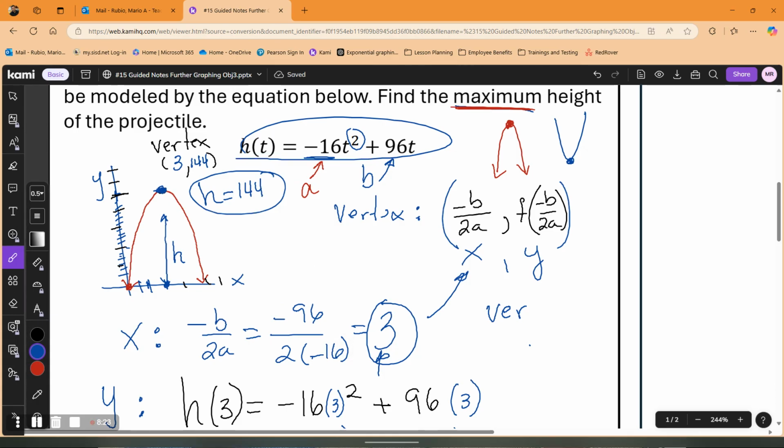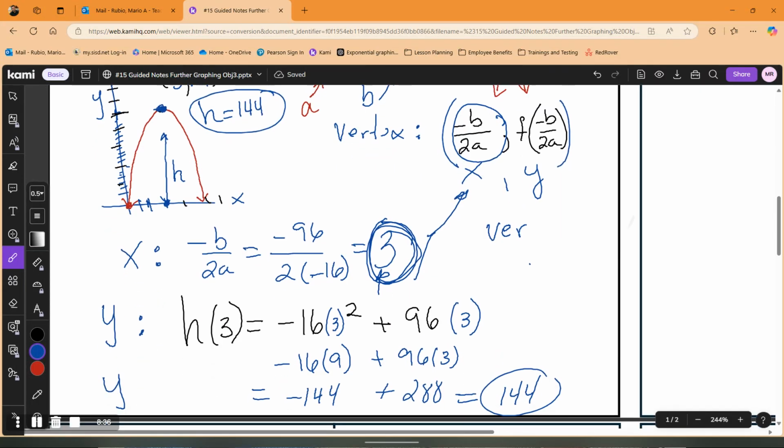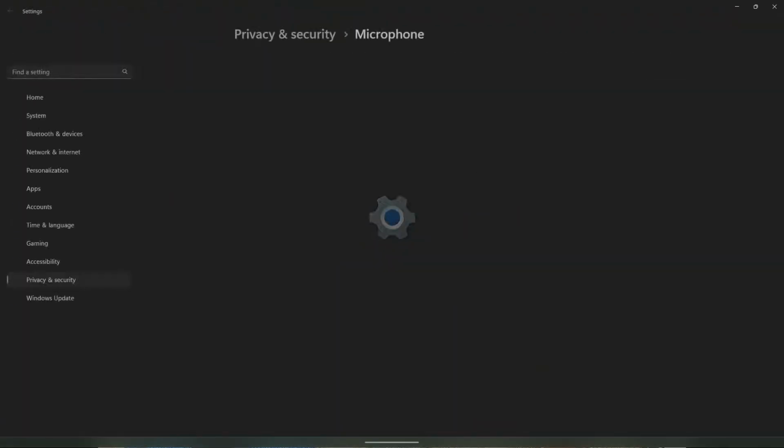And we know we have a formula for vertex. We can just substitute in the negative 16 and the 96, and we get the answer 3. Then we take that answer, substitute it into the equation, and evaluate the function at 3 to get 144. So really we're just solving for x and y.